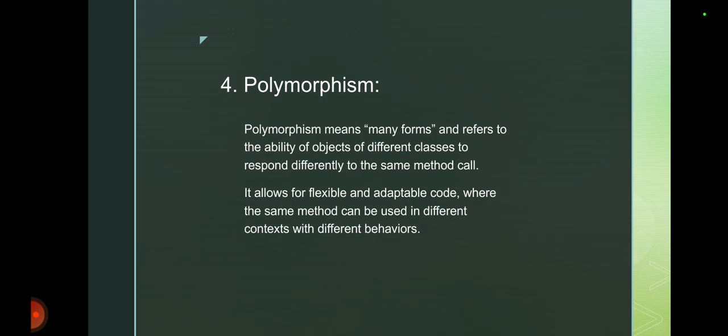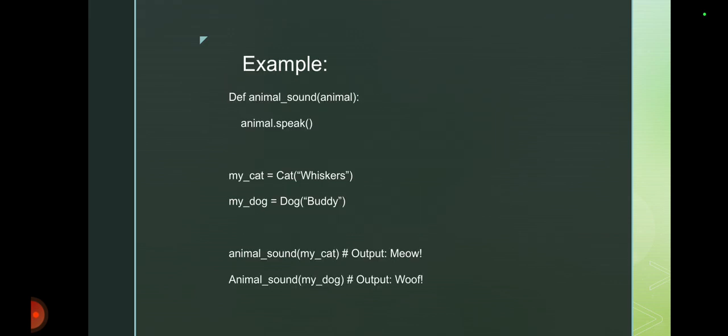So we will see one example. def animal_sound(animal): animal.speak(). animal is a formal parameter. my_cat = Cat(whiskers). my_dog = Dog(buddy). animal_sound(my_cat), the output is meow. animal_sound(my_dog), the output is woof.